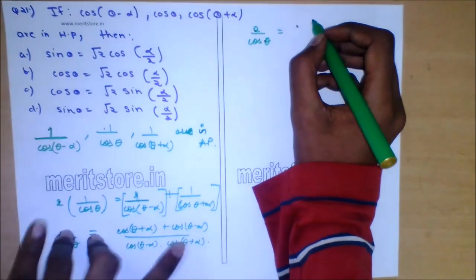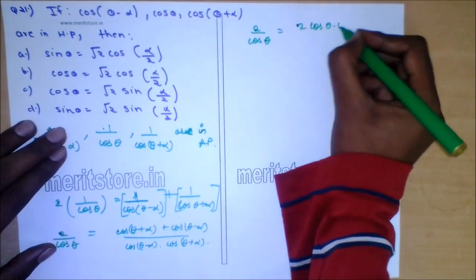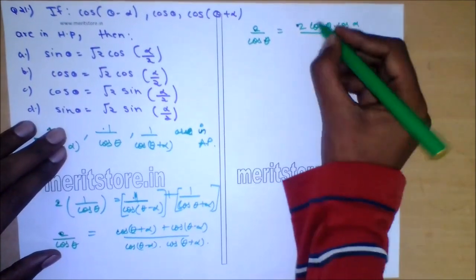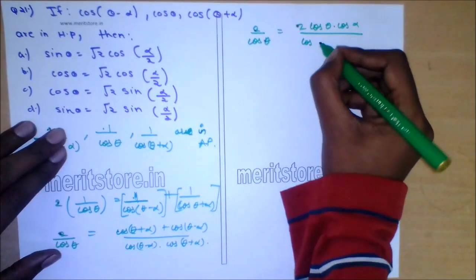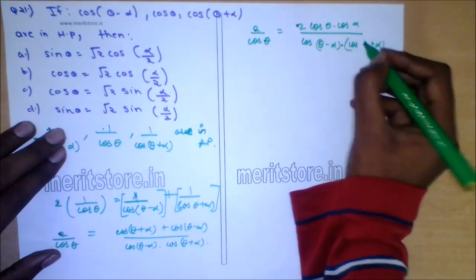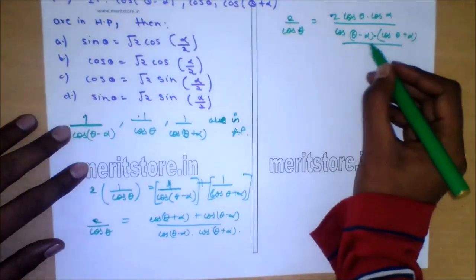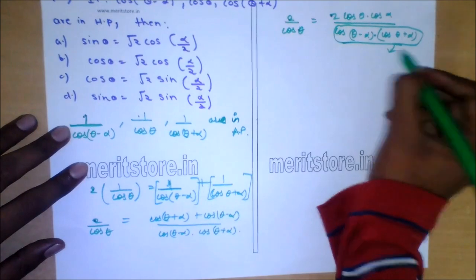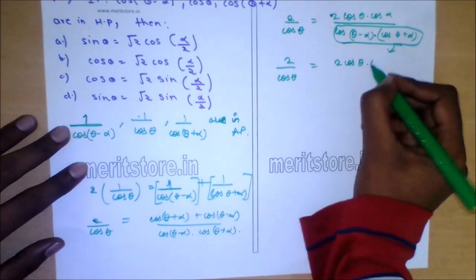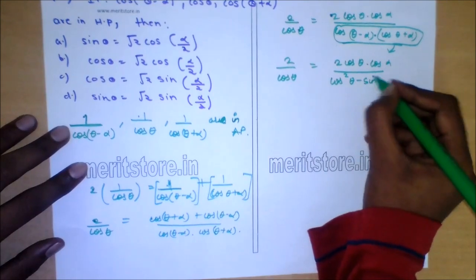This is in the form of cos A plus cos B, so we can simplify it as 2 into cos theta into cos alpha divided by cos of theta minus alpha into cos of theta plus alpha. Also this term can be written as 2 by cos theta equals 2 cos theta cos alpha upon cos square theta minus sin square alpha.